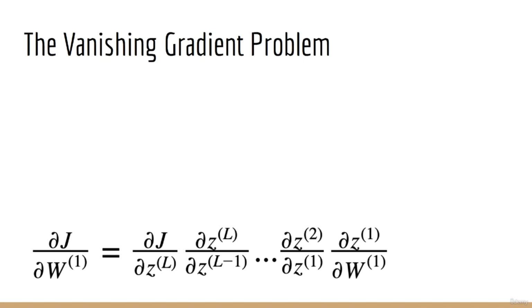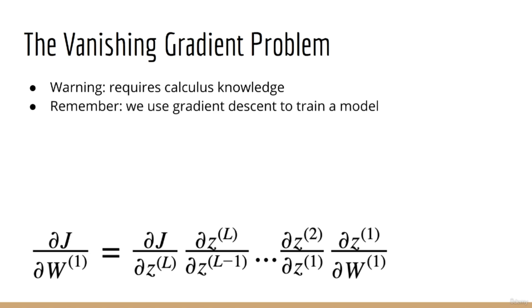The major problem with sigmoids and tanhs is called the vanishing gradient problem. Now, this part requires a little bit of calculus knowledge, so if you're not comfortable with that, then feel free to skip ahead. Remember that our method of training a neural network is gradient descent. And obviously, this involves finding the gradient of the cost with respect to the parameters.